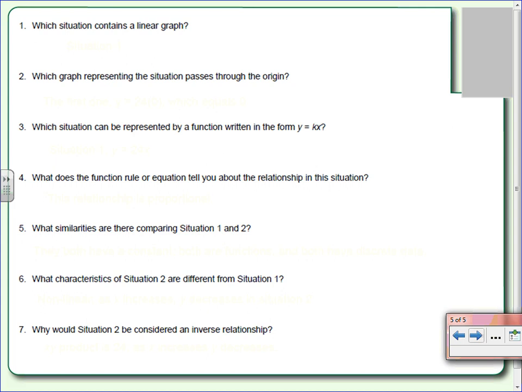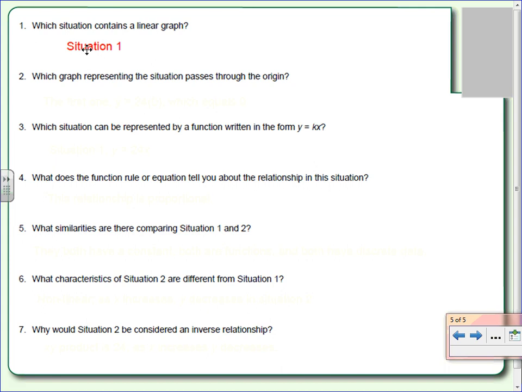You have two graphs, and you determine which one is linear, like a straight line. Situation one. All right, very good. That's the one that looks like a line, linear. Correct. The points line up in a straight line. Situation one.